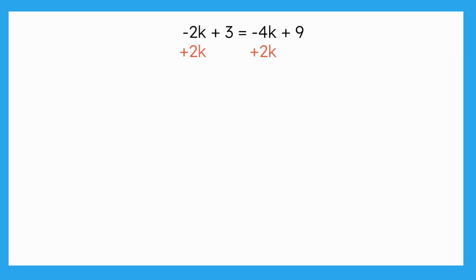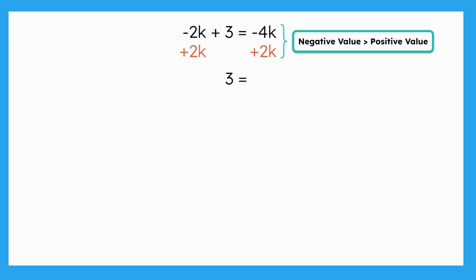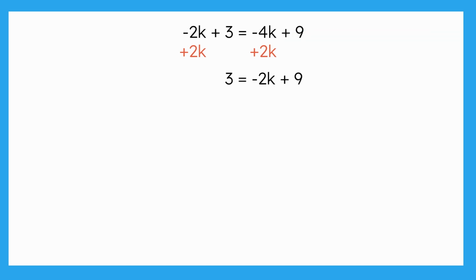Negative 2k plus 2k is 0, leaving me with 3 on the left. On the right, I have negative 4k plus 2k. Since the negative value 4 is bigger than the positive value 2, the result is negative 2k plus 9 on the right.